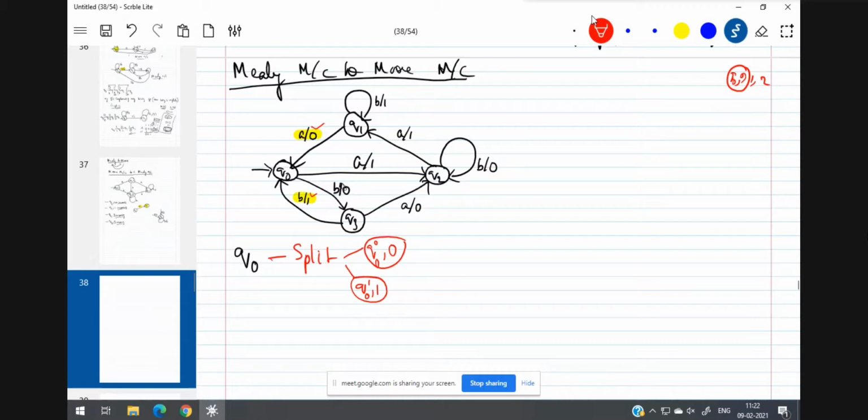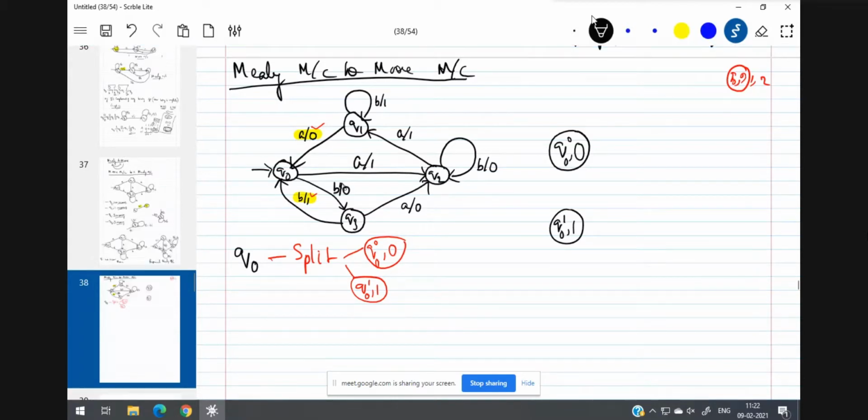Now let me initiate the Moore machine. Now there will be two initial states. Zero will be associated with this one, and 1 will be associated with this. We were told that the initial state will be the same.